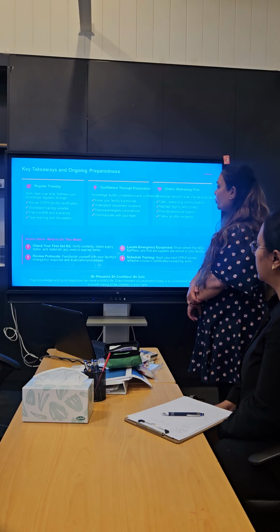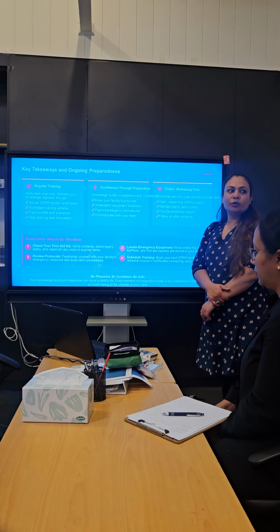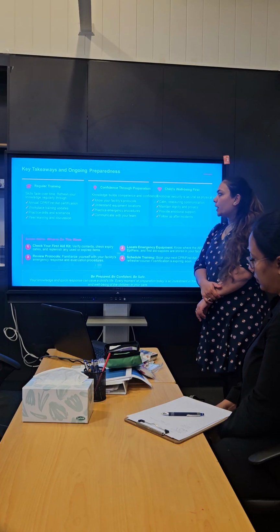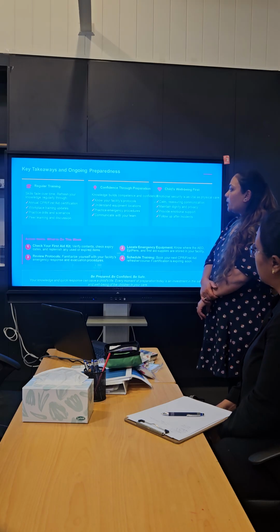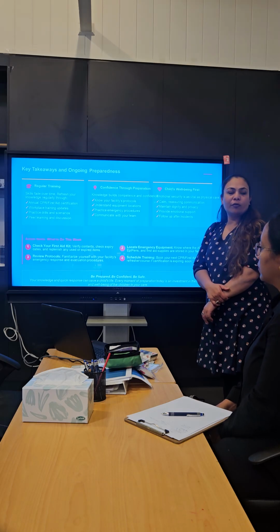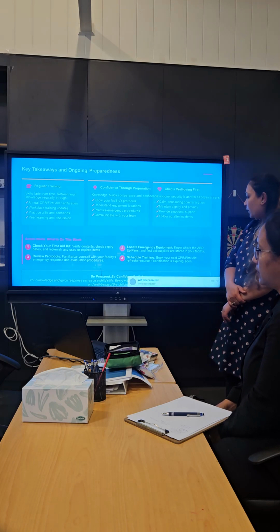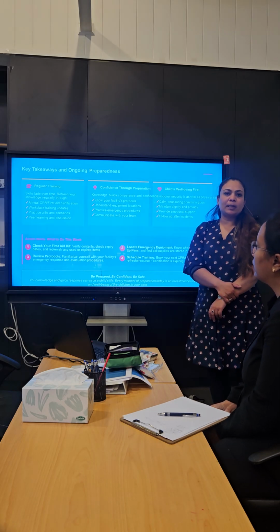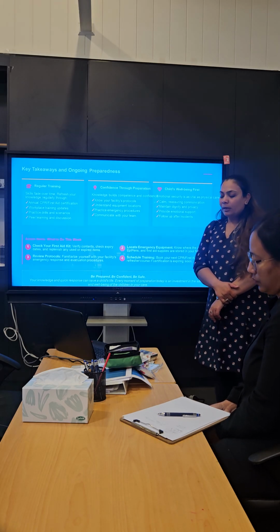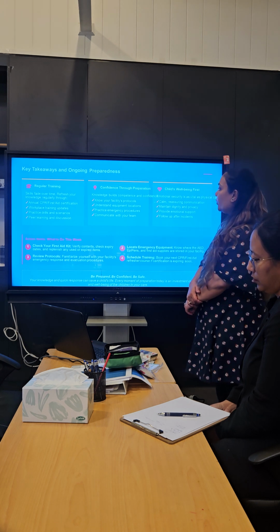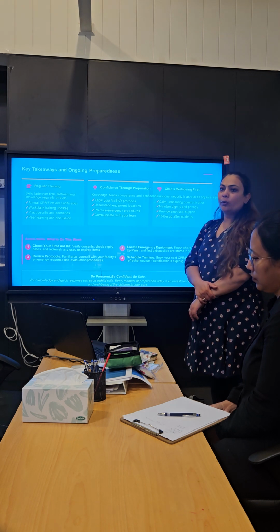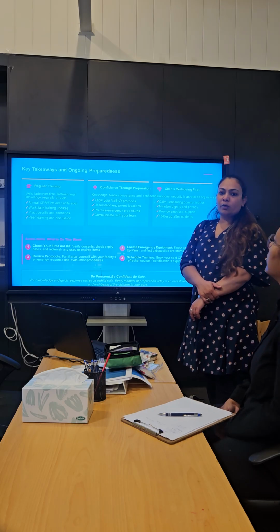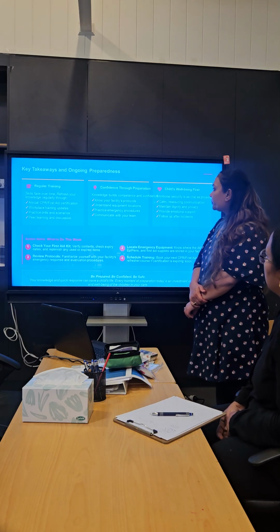Know your facility protocol, so you should know your service's policy and procedure. Understand equipment location, so you need to know where the first aid kits are located, where the child's action plan, their asthma plan, their EpiPen are located in case of emergency, and how many children in your care require an EpiPen or asthma puffer or any kind of medication.